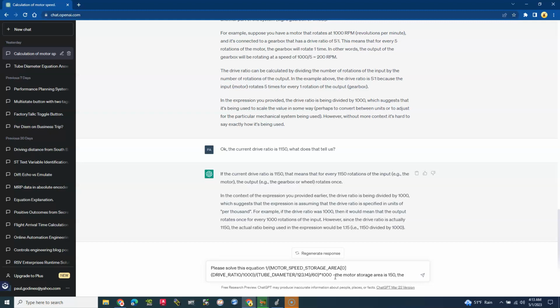The drive ratio, what was it? 1135, right? 35. And let's see what we've got here. What's the next piece? Let's fix that. 35, and the tube diameter is 22.09.